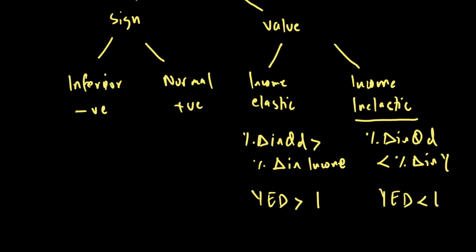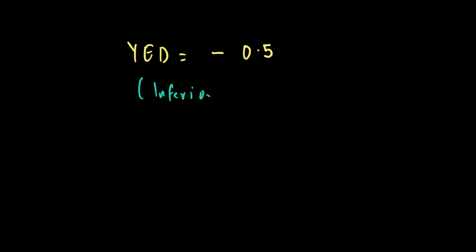So, a quick recap of some of the values. Let's say your YD is equal to minus 0.5. A minus 0.5 would mean, simply, that the minus means it is an inferior good. So I should write that it is an inferior good because of the sign, but it's an income inelastic inferior good, a good which is income inelastic.